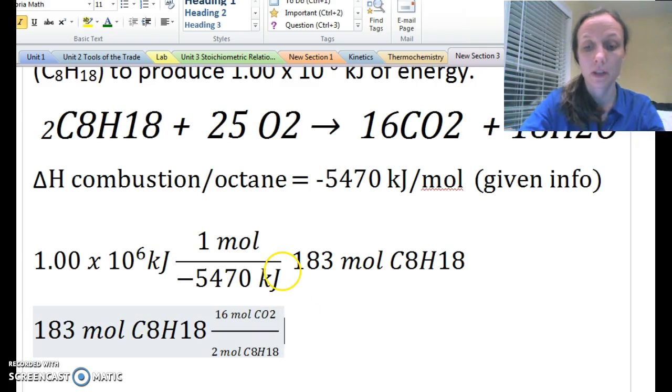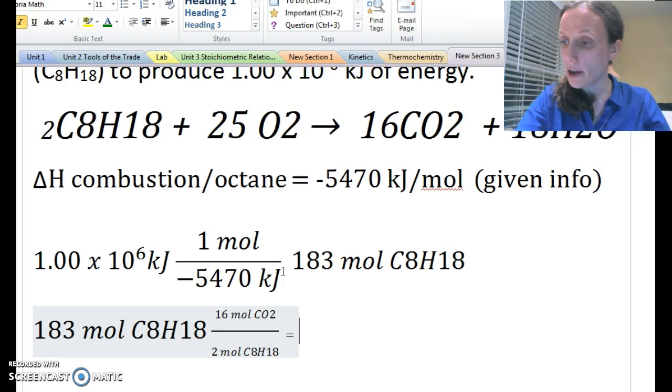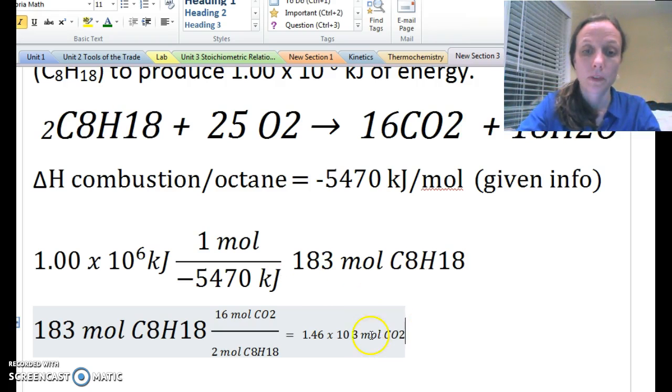I think you saw that. So this is going to be, let's see, what did I get? That's really multiplying by 8, 1.46 times 10 to the 3rd moles of CO2. We can put this in scientific notation here.